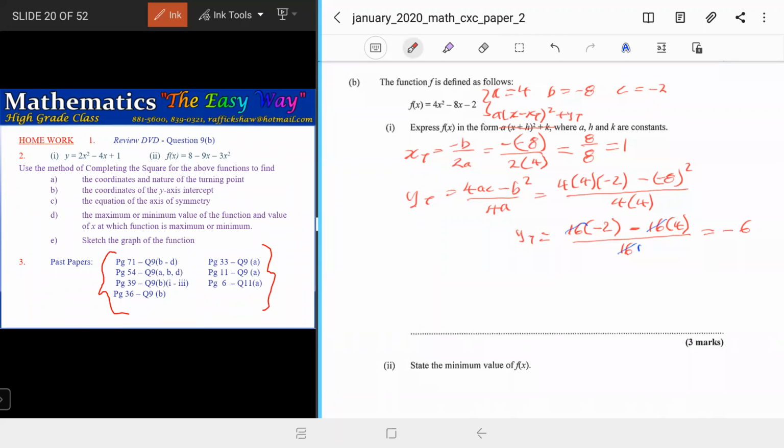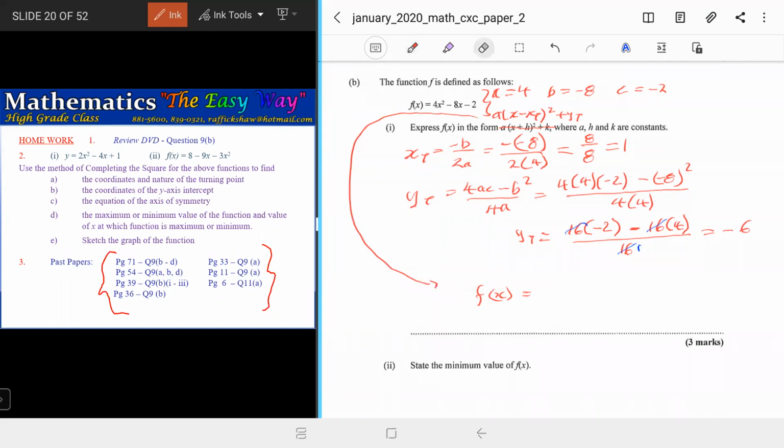And now that I know that, I can now write the function on this line. It becomes f of x equals, and I'm actually writing this one, not that.